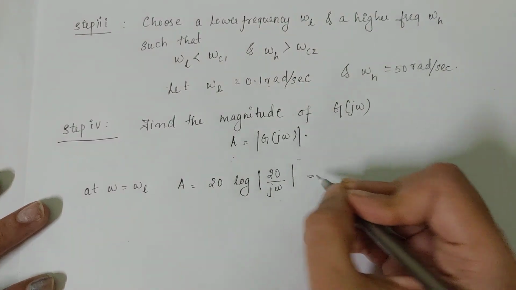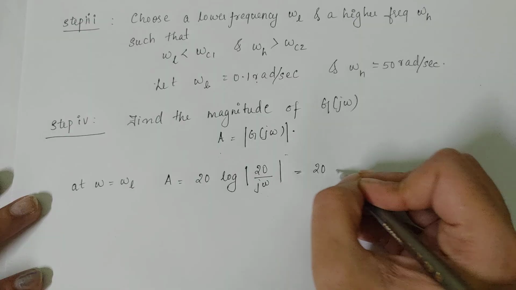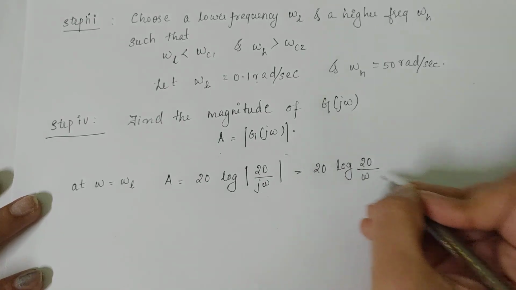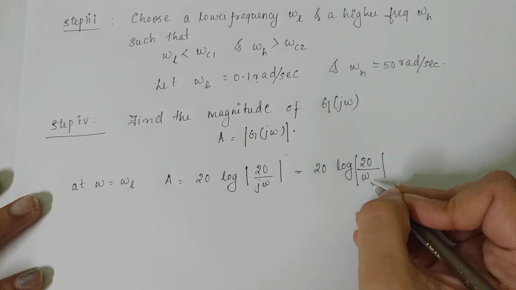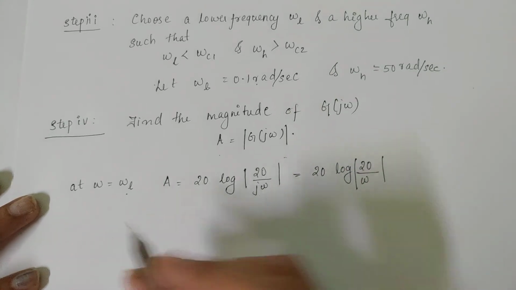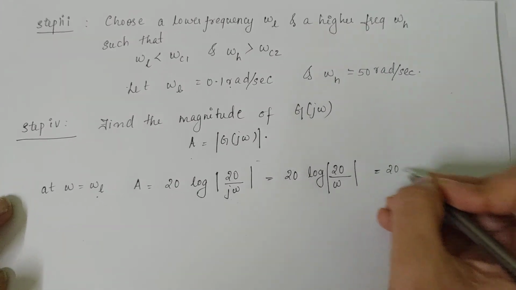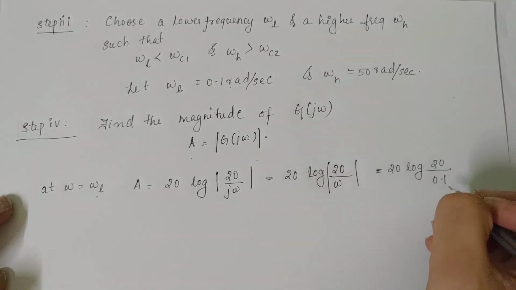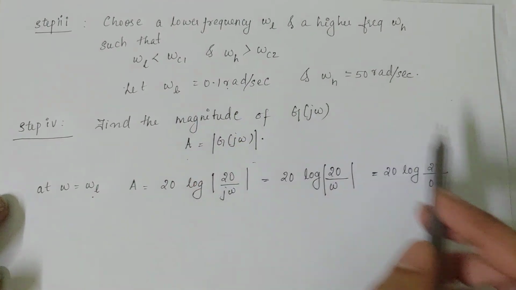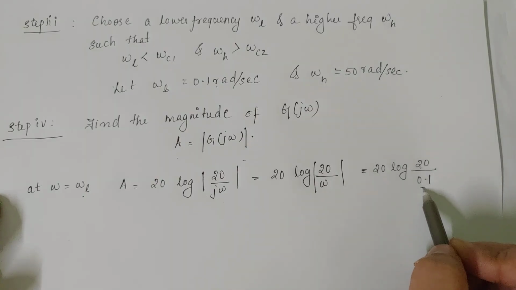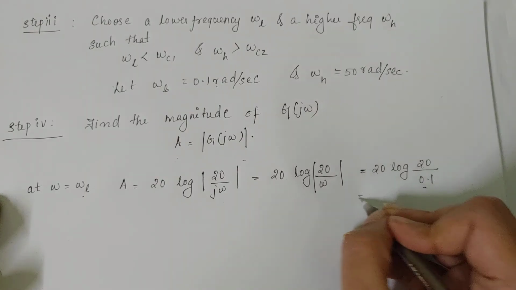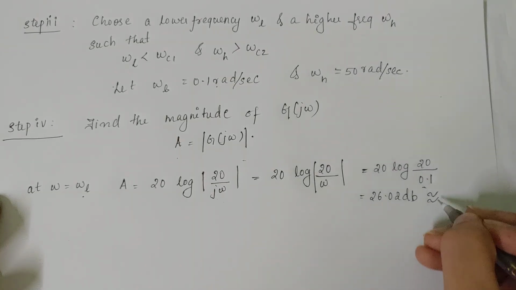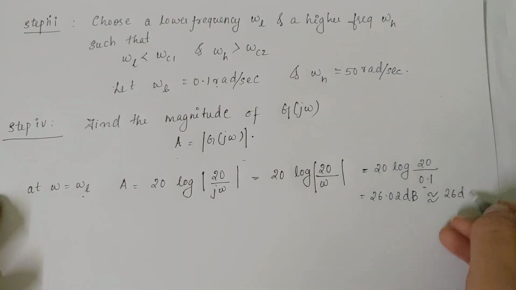So, it is equal to 20 log 20 by omega. Okay. Then given omega is equal to omega L, that is equal to 20 log 20 by 0.1. Okay, since omega L is equal to 0.1, I put 0.1 and I will get 26.02 dB, which is approximately equal to 26 dB.